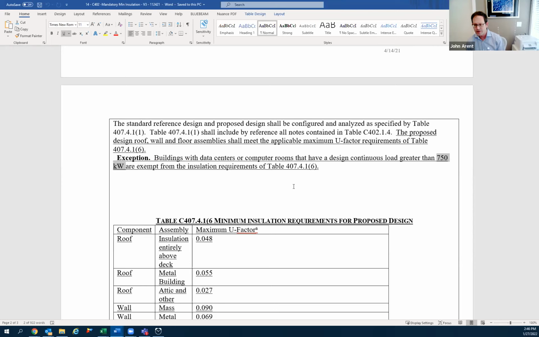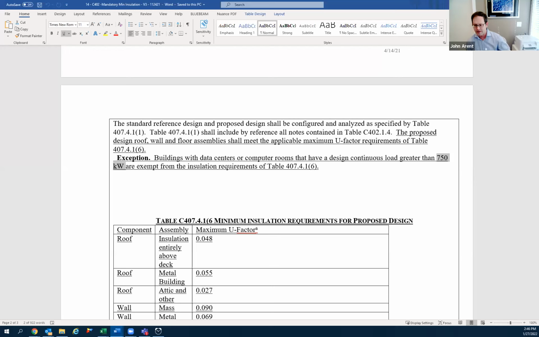I'm trying to do the math in my head, but I think 750 kilowatts is the minimum load needed to be classified as a data center. I think per ASHRAE, as well as other jurisdictions, it is 20 watts per square foot.